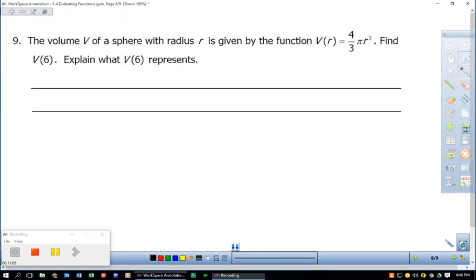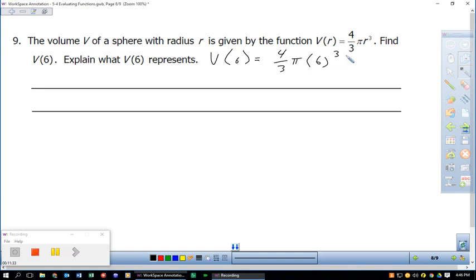Number 9 says the volume V of a sphere with radius r is given by the function V of r equals 4/3 pi r cubed. Find V of 6, and then explain what V of 6 means. Alright, so V of 6 is 4/3 pi times 6 cubed. 4/3 times, and we're not going to use 3.14 if there's actually a button in the calculator to pull up pi.